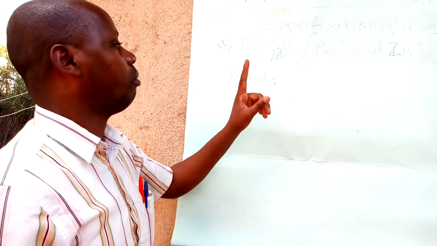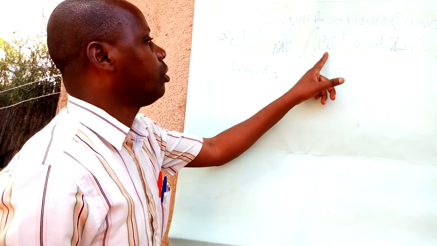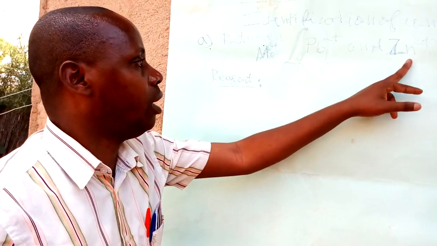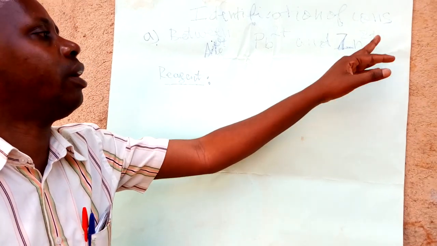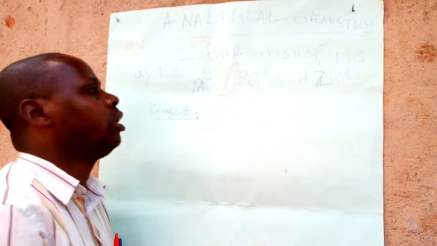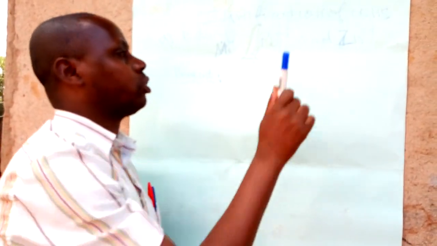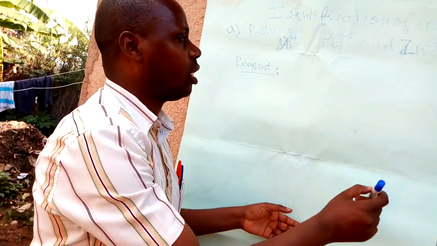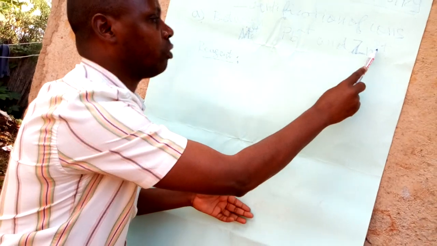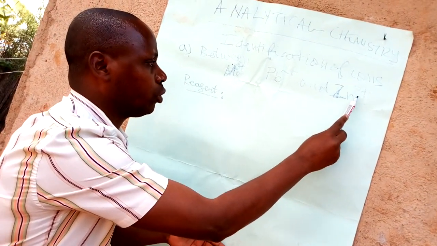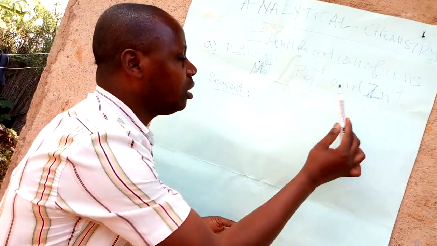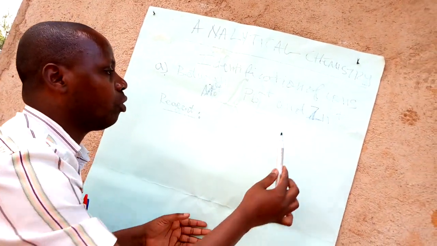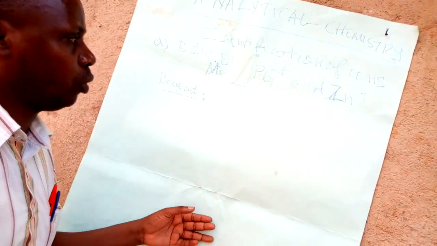Magnesium is in group 2, lead is in group 4, and zinc is on the side of the transition elements, even though it is not generally considered as a transition metal, because there are some properties of transition metals which are not found on zinc, such as incomplete d subshell orbitals, which are complete on zinc. But zinc has some properties which we can find, and the position of zinc is the nearest to the transition elements.